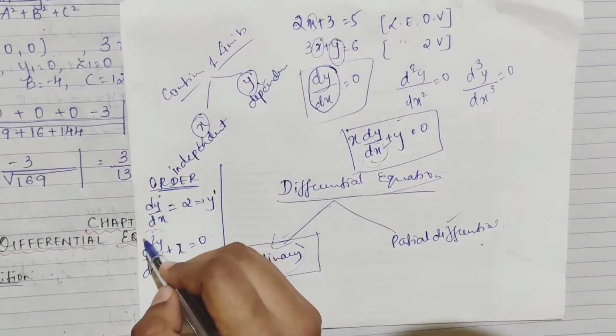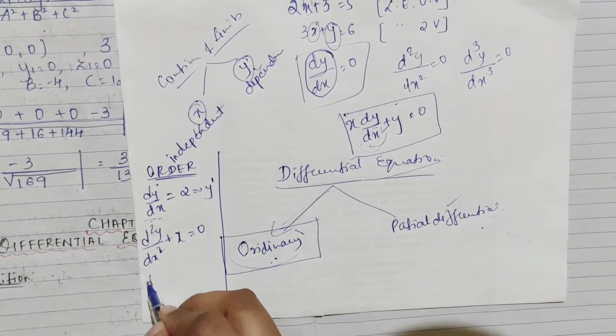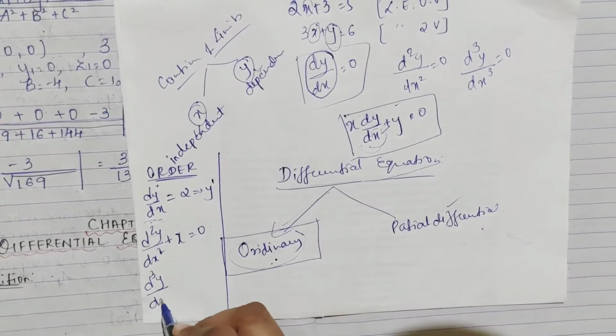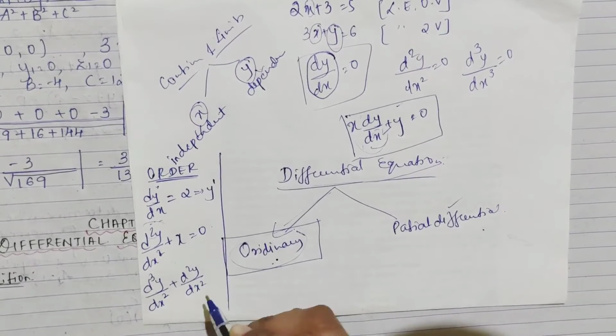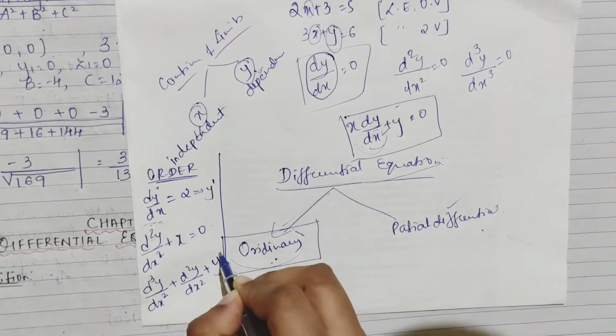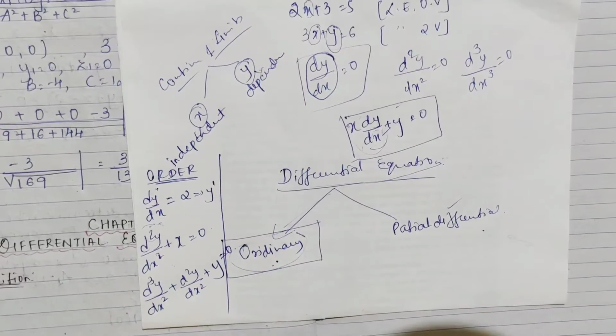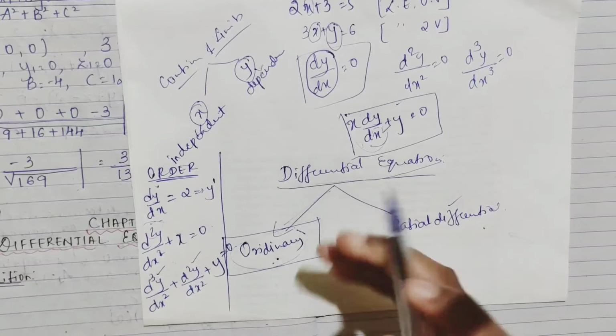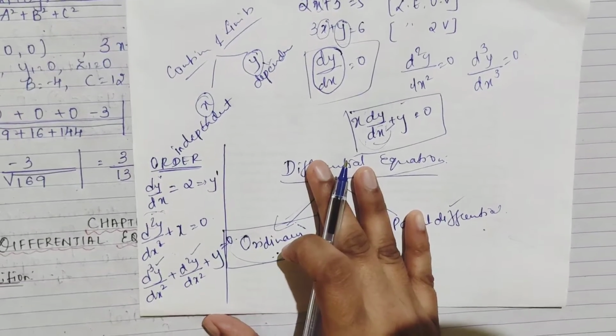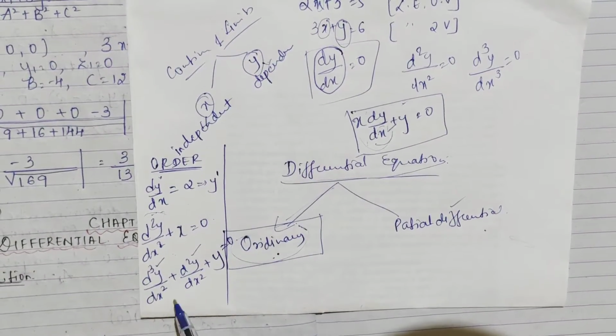Second order, right? It is 2. Now one more, if I have d cube y by dx square plus d2y by dx square plus y equal to 0. Now here you see in this 3 also is there, in this 2 also is there, right?